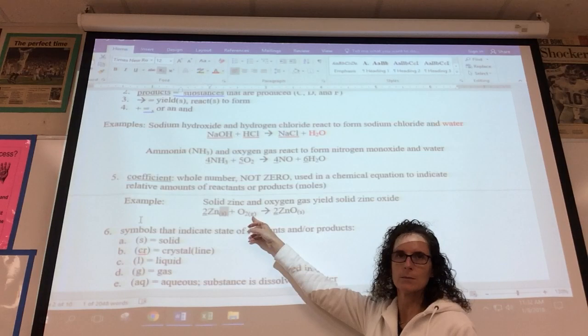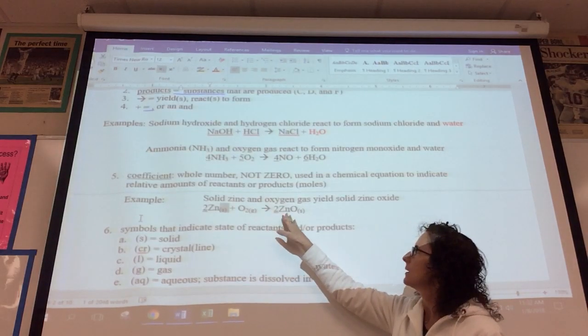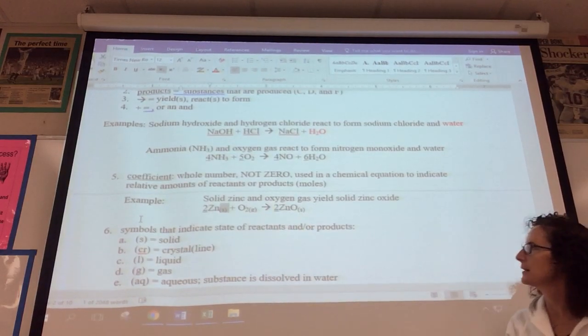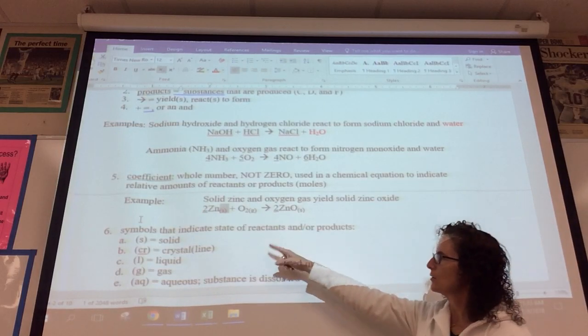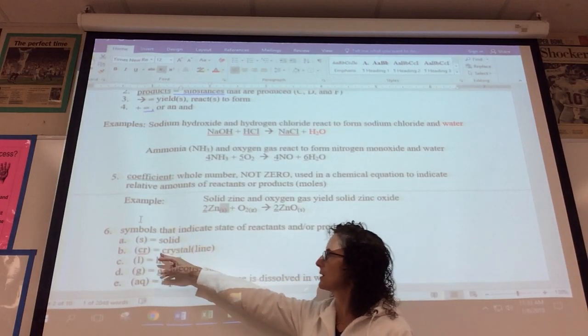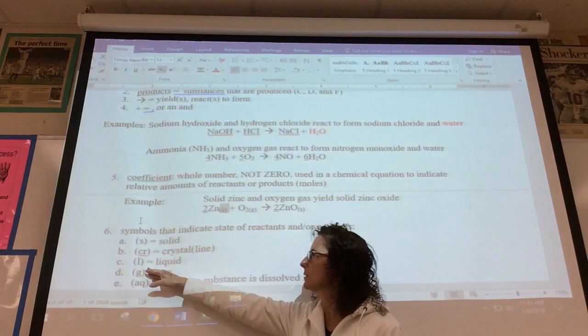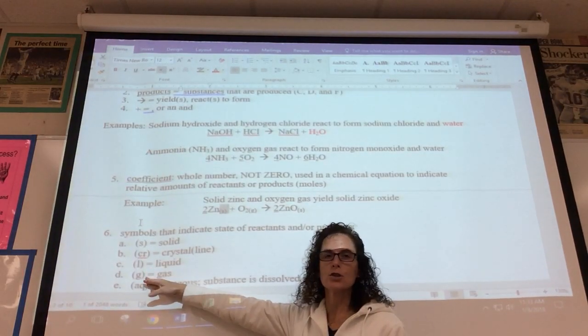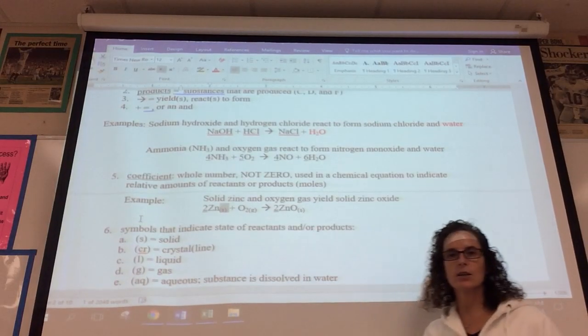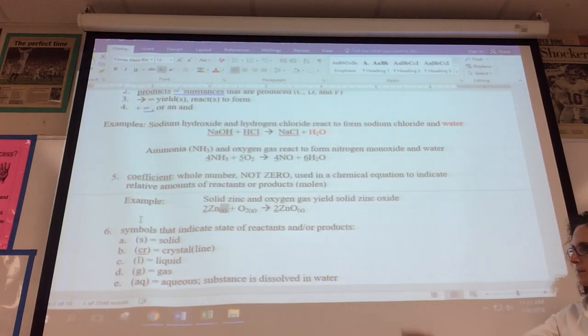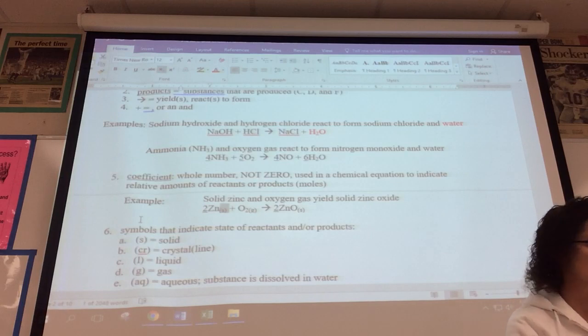It's not for grams here. Be careful. Solid zinc oxide, S. Other symbols you can see: S for solid, Cr, crystal or crystalline, that's a solid. L for liquid, G for gas, AQ for aqueous, where the substance is dissolved in water.